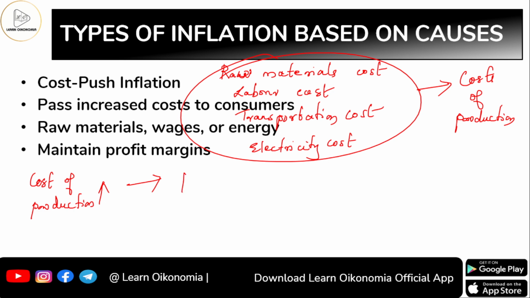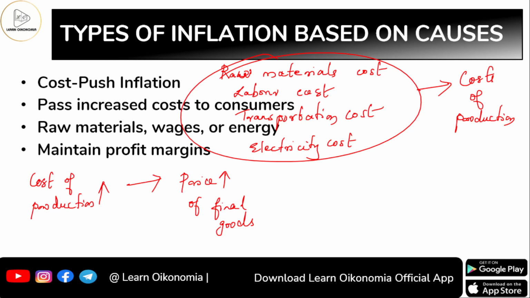So what he will be doing is automatically increasing the prices of the final good. The prices of the final good in this case would be increased. Why? Because this producer will be passing the increased cost of production to the consumers. So either it could be an increased wage or increased energy cost or increased cost of raw materials, whatever it is, increased cost of transportation, whatever it is, this producer will be shifting the burden to the consumers.